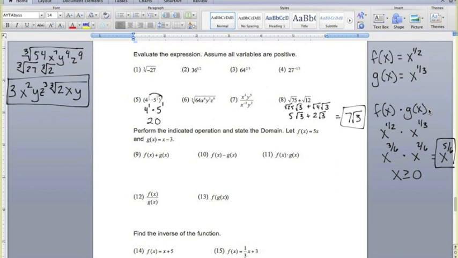And the second question we asked ourselves is, is there any division? No. It's just a plain x. It's not divided by anything. So then our domain will be x is greater than or equal to 0. The next one I want to think about is f of x over g of x.